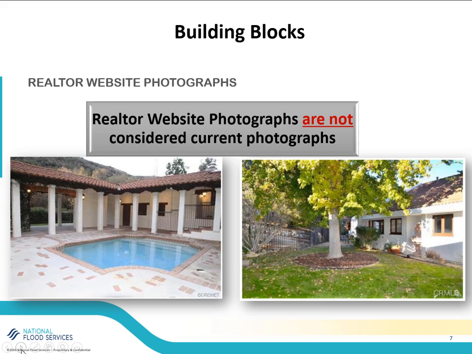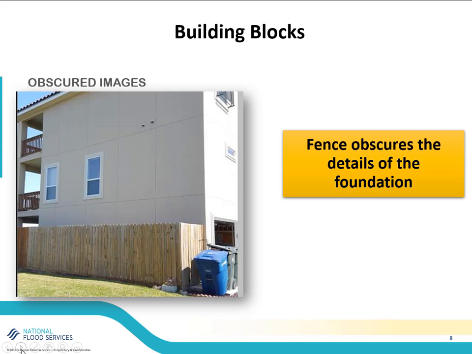Another area of concern is photographs that are taken from realtor websites. Just as we discussed in the previous slide, the date of realtor website photographs cannot be properly documented, so they will not be an acceptable form of documentation. When taking photographs, make sure that the photograph clearly shows the detail of the structure.